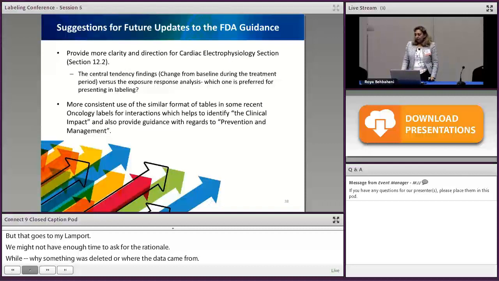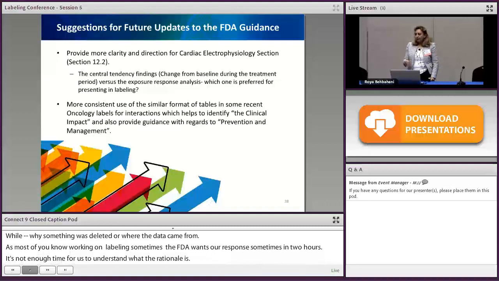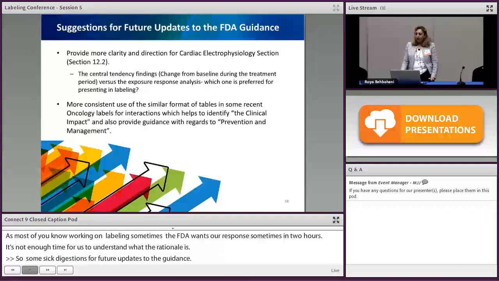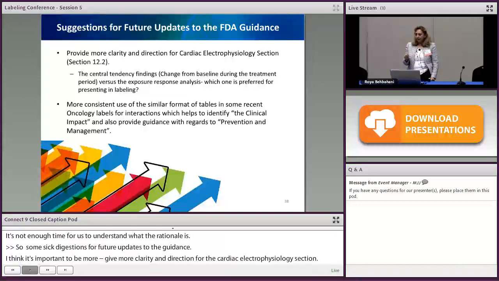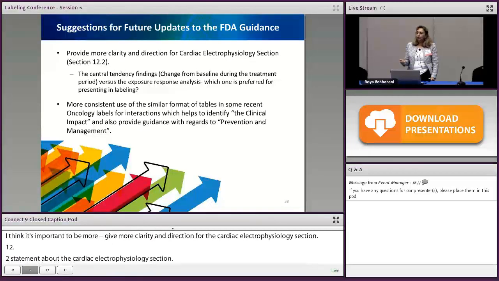So, some suggestions for future updates to the guidance. I think it's important to give a little bit more clarity and direction for the cardiac electrophysiology section 12.2. Joe mentioned that right now it's just a very brief statement there about the cardiac electrophysiology. It says if you have pertinent positive and negative results, and they have standard language if it is pertinent negative, which is good. We also agree that they're both important.